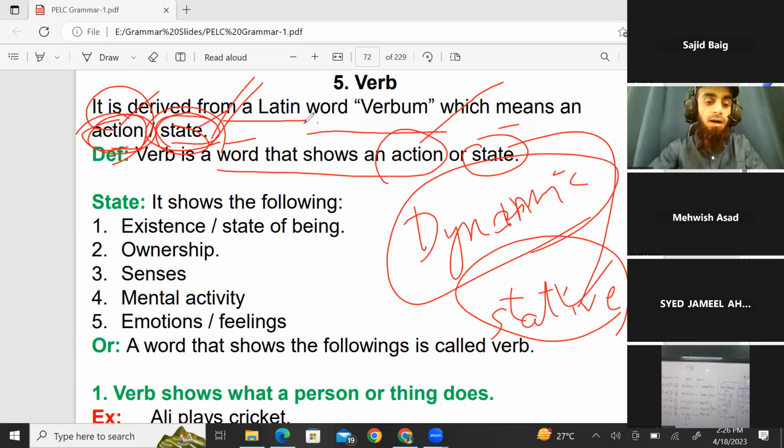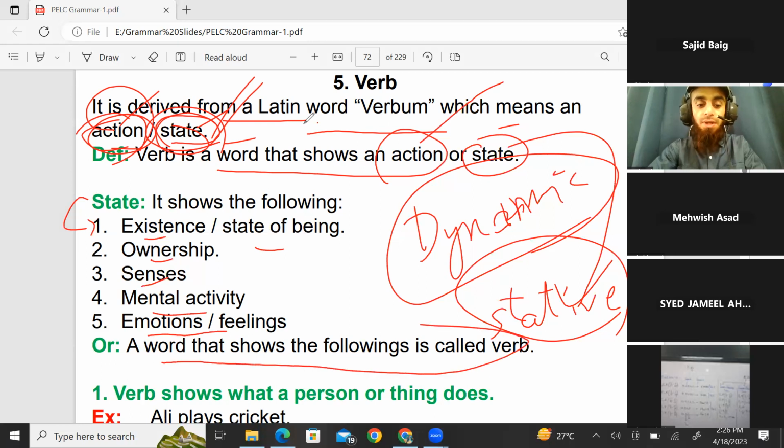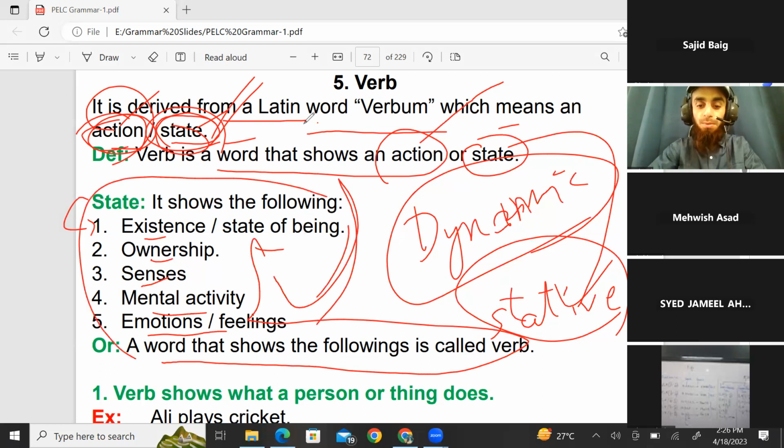Now, a verb shows existence, state of being, ownership, senses, mental activity, emotions, and feelings. The word which shows the following would be called a verb.